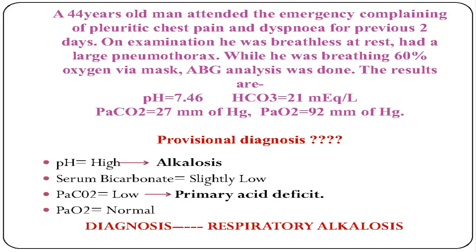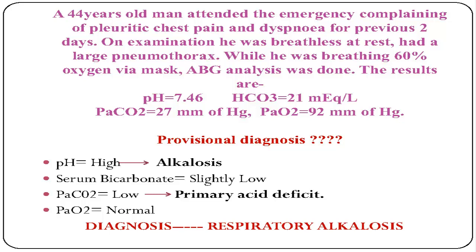His ABG analysis was done and the results are pH 7.46, bicarbonate level 21 milliequivalent per liter, partial pressure of carbon dioxide 27 mm of Hg, partial pressure of oxygen 92 mm of Hg. What is the provisional diagnosis?